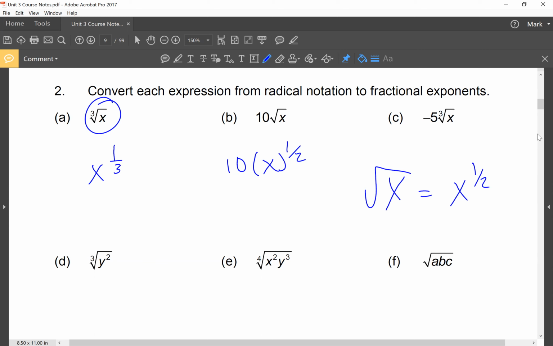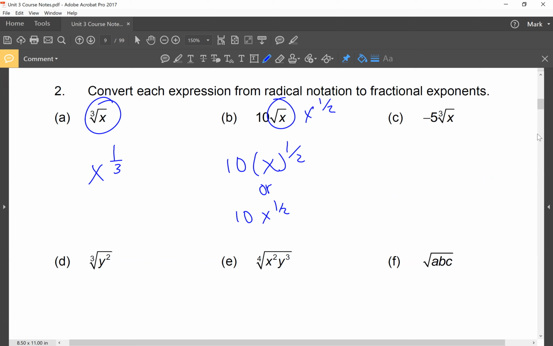It's kind of like a math shortcut. So for B, this is just x to the 1/2. I put my x in brackets, but you actually don't need to do that. If you said 10x to the 1/2, that's fine as well. I like to use brackets, but you don't need to.